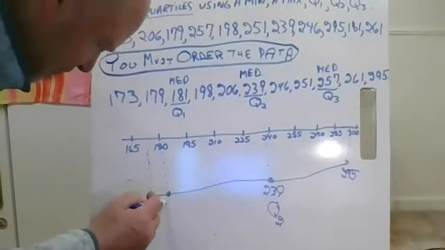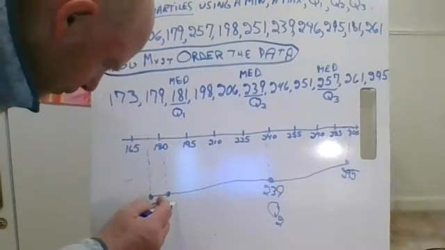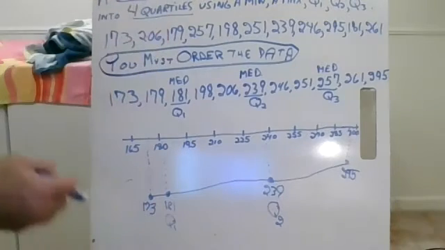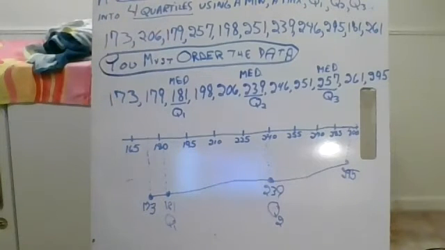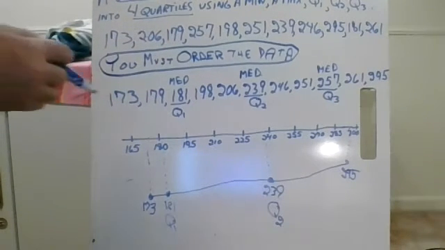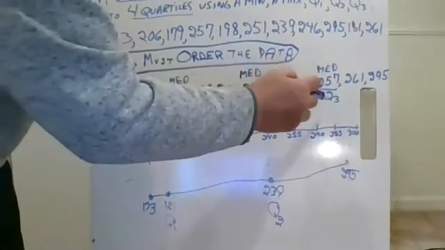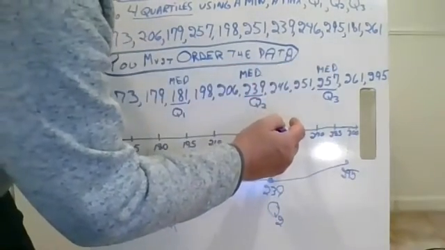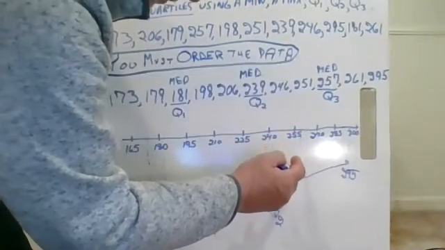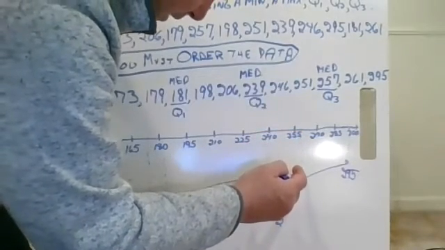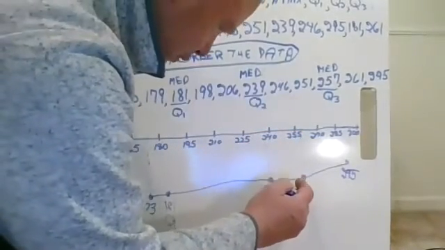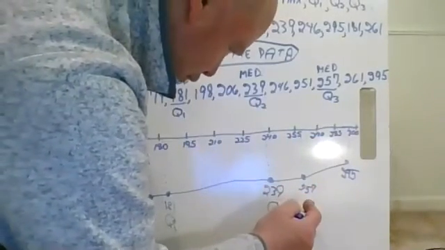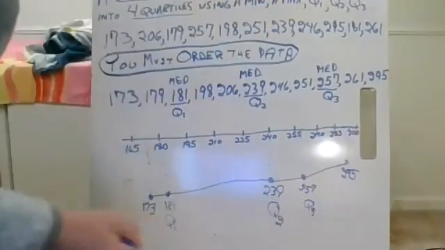You put this in there, come up with 181, and you write Q sub 1. Then you do your Q sub 3, 257. 257 is about right in here, just approximately. And you put your 257 and you write your Q sub 3.